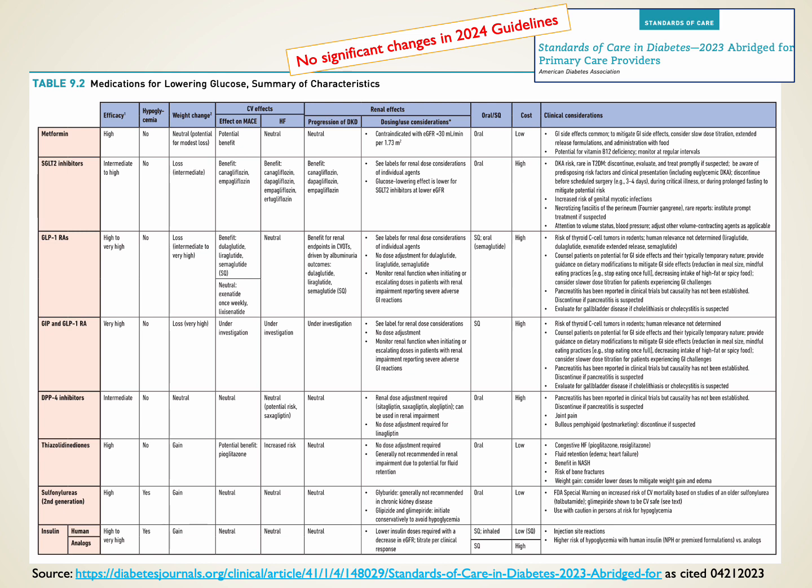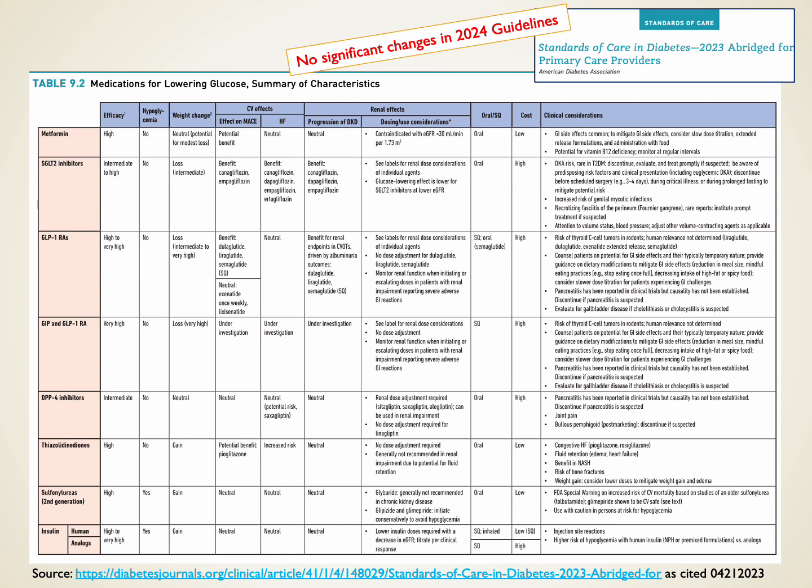One is this one table that talks about the primary and some of the secondary agents that are used for lowering glucose in a patient with type 2 diabetes. And the second table is the algorithm table in a number of slides ahead.